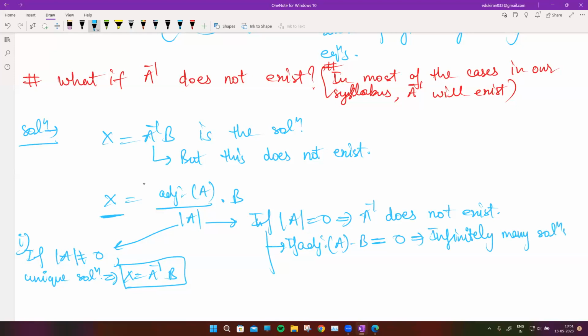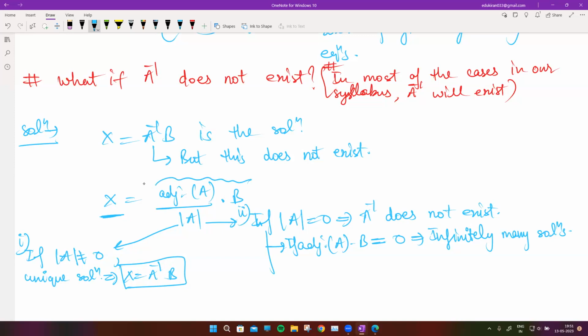We do know that there are only three cases. Either they will have a unique solution, or no solution, or infinitely many solutions. A unique solution when the determinant of A is not equal to 0. It means that you have A inverse and X can be found out using A inverse B. There will be only one value, right? But in the second case, when the determinant of A is 0, we will have to go for this numerator part.